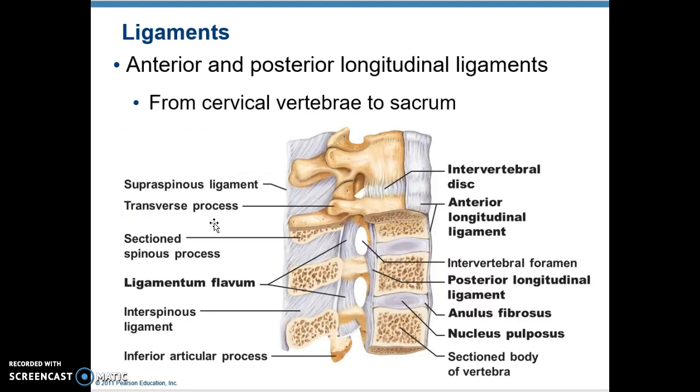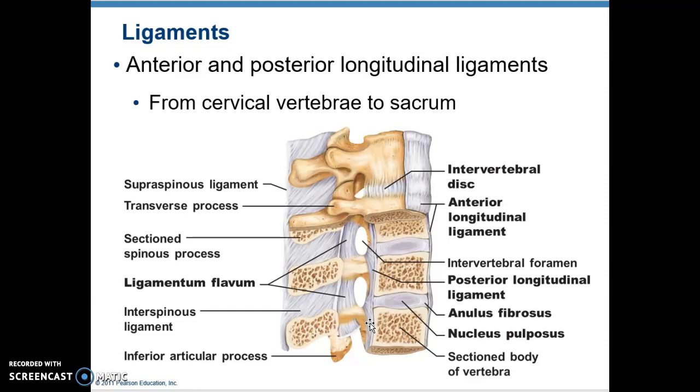Okay, so then there are three ligaments that you need to know. These are possible anatomy pictures which may show up on the next lecture exam. Right here is your anterior longitudinal ligament. It runs all the way down the front of your vertebral column. And a little bit harder to see right here is your posterior longitudinal ligament, which runs down the posterior length of your vertebral column, top to bottom.